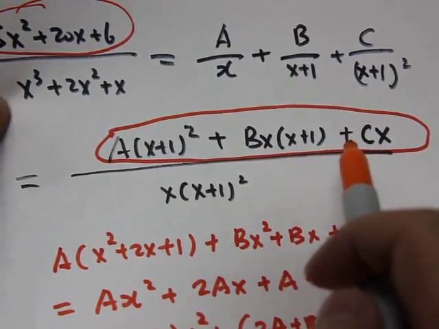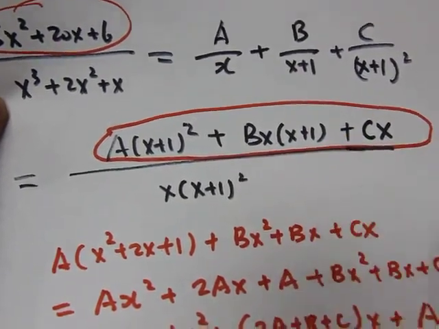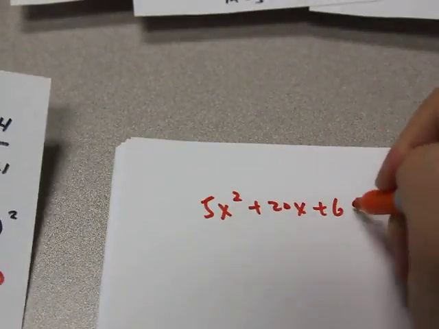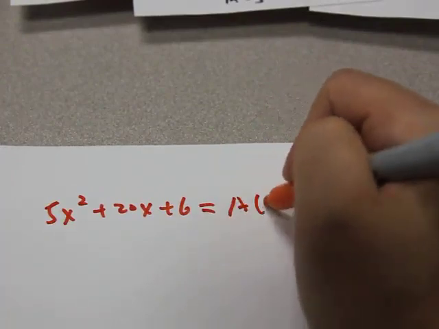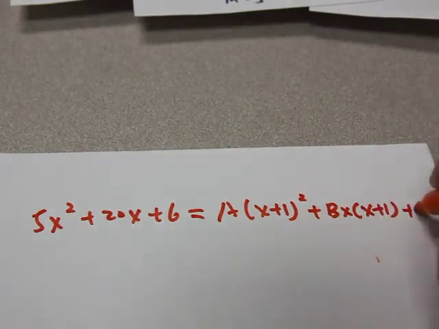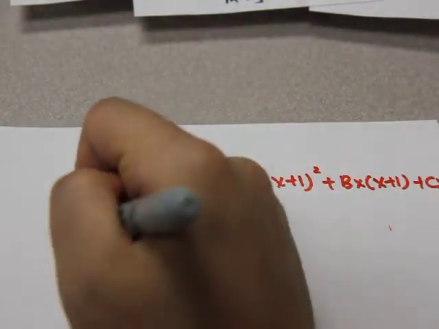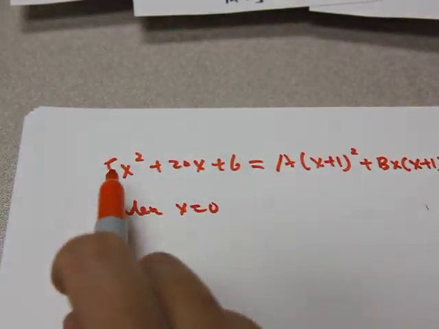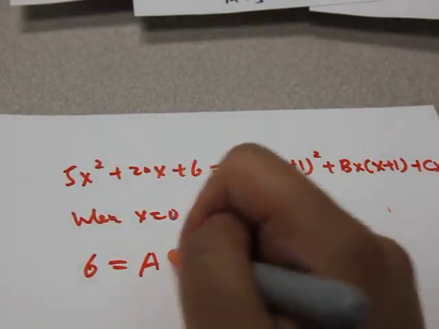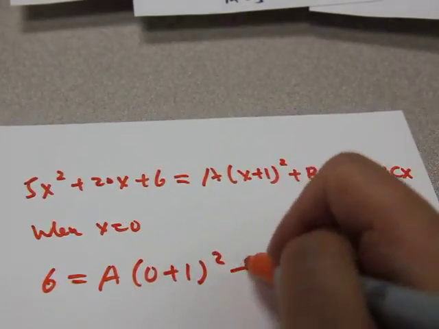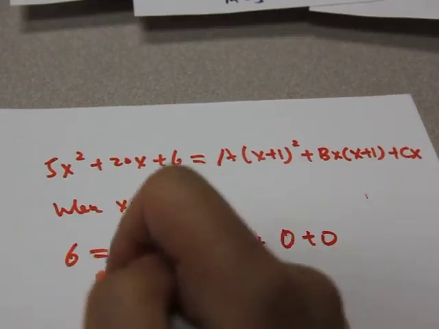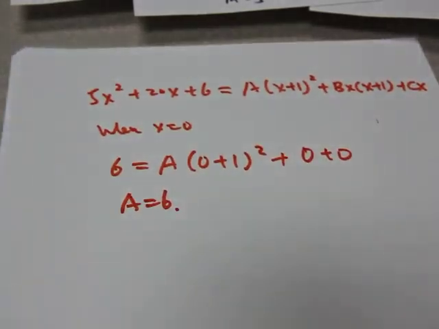So if we let x be 0, on the left hand side we have 6, and the right hand side we have A times (0 plus 1) squared, plus B times 0, plus C times 0. So we can figure out A equals 6, right?